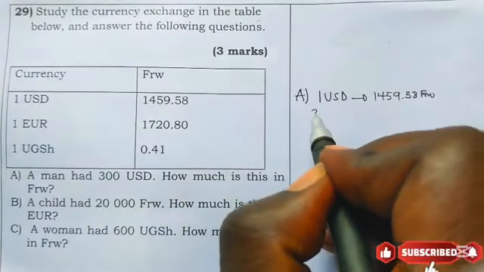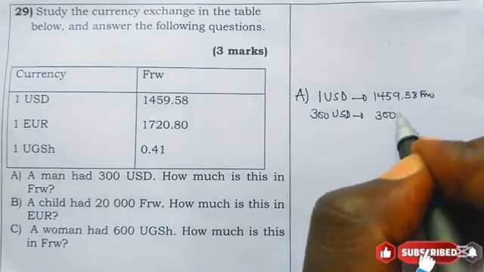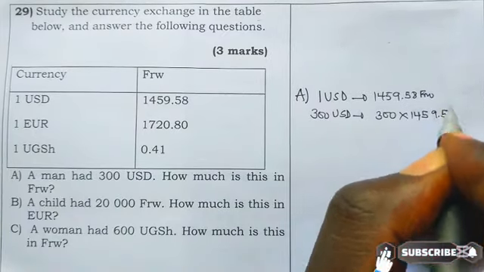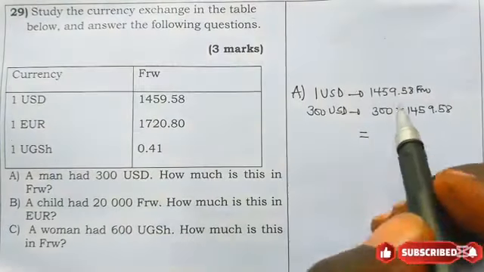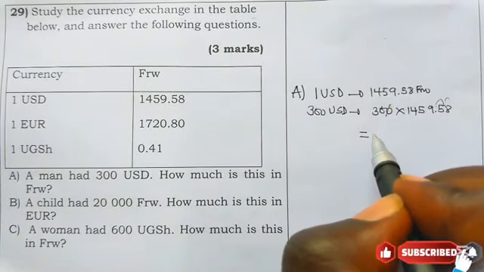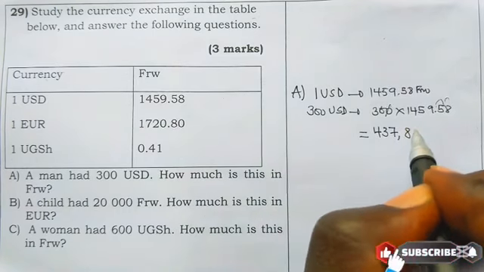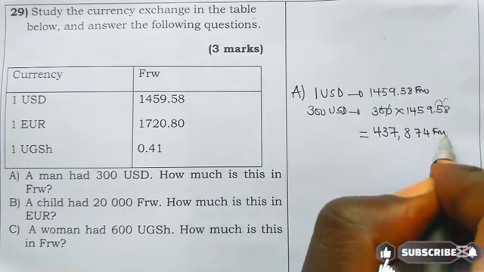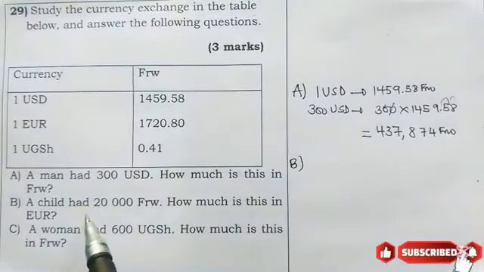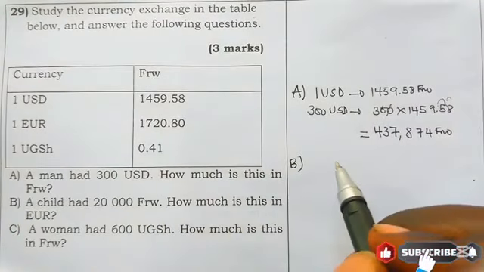So if it has been increased to 300 US dollars, we'd have 300 times 1,459.58, and this could be equal to this one, and move this comma so that we shall have 437,874 Rwandan francs. Right, then B, a child had 20,000 Rwandan francs. How much is this in euro? So we have to start from here.